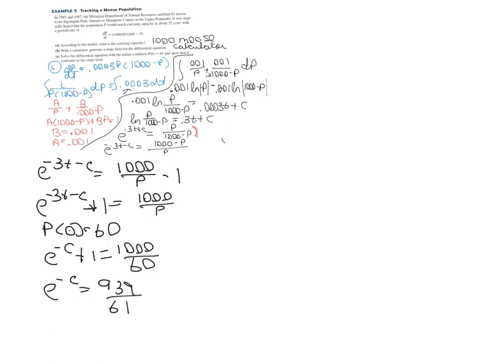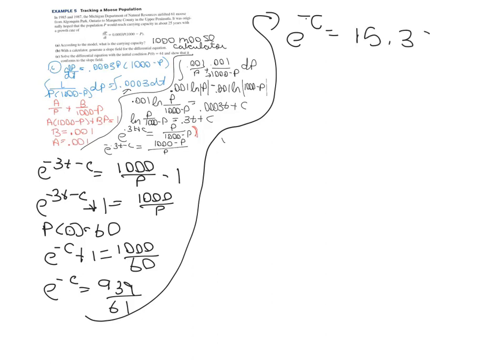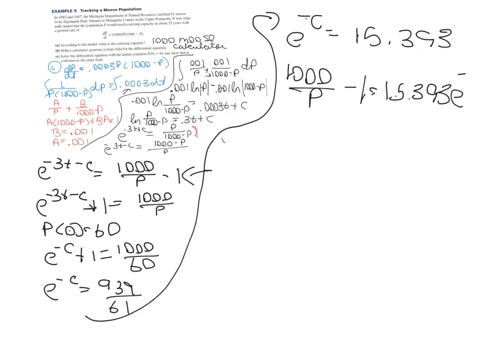From there, I'm going to go up here, and I've got e to the negative c is equal to 15.393. So I'm going to go back to where I was at, to right here, so that I have 1,000 over p minus 1 is equal to 15.393 e to the negative 0.3 t.